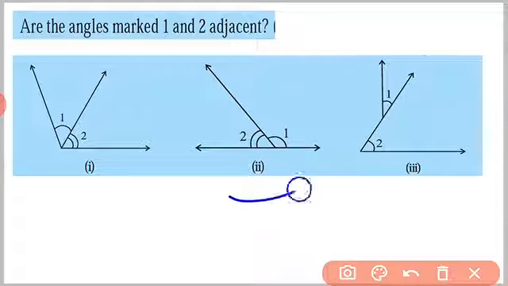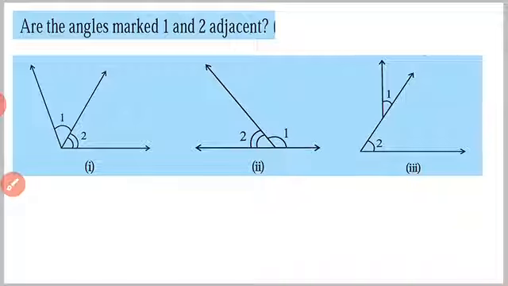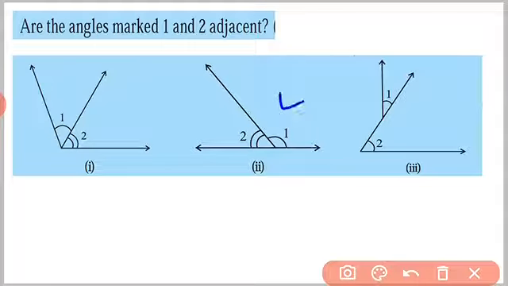Let's see the second case. Angle 1 and angle 2, they have a common vertex, they have a common origin. When we have to measure angle 1, how will we measure? We will take this as a center, and similarly this will be the center for angle 2 as well.